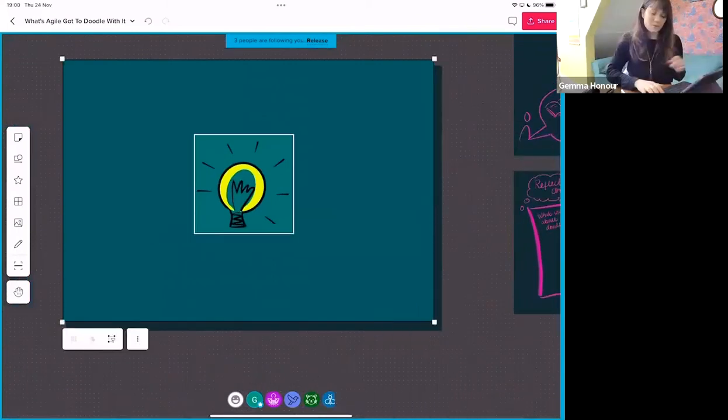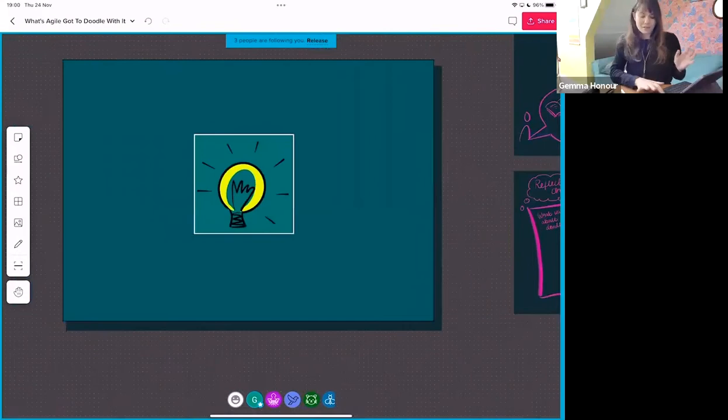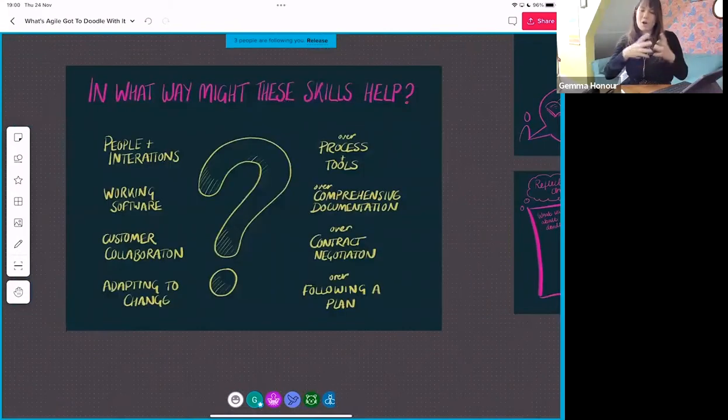So you're now opening up into understanding and actually feeling what it is like to use visual thinking. So we're back to the manifesto: people and interactions over process and tools, working software over comprehensive documentation, customer collaboration over contract negotiation, and adapting to change over following a plan.